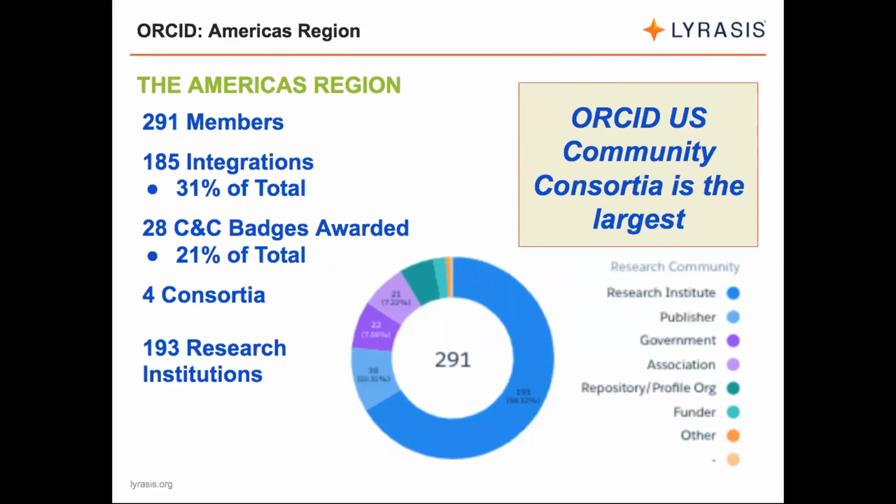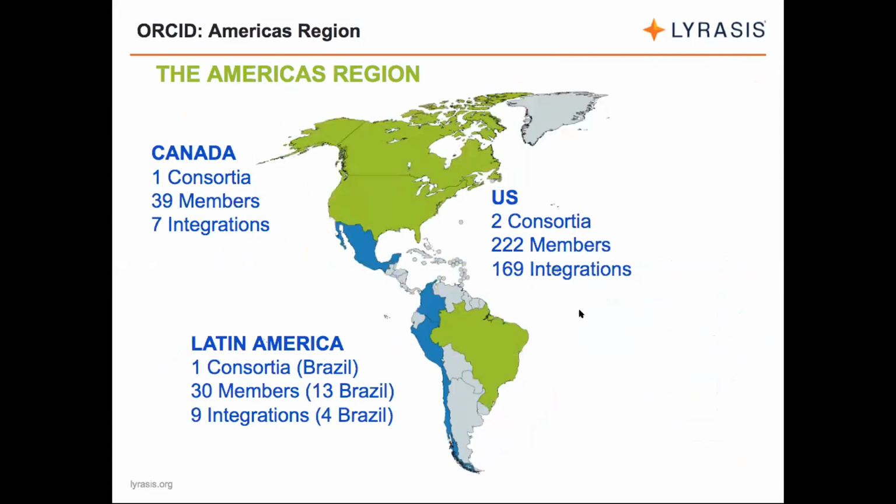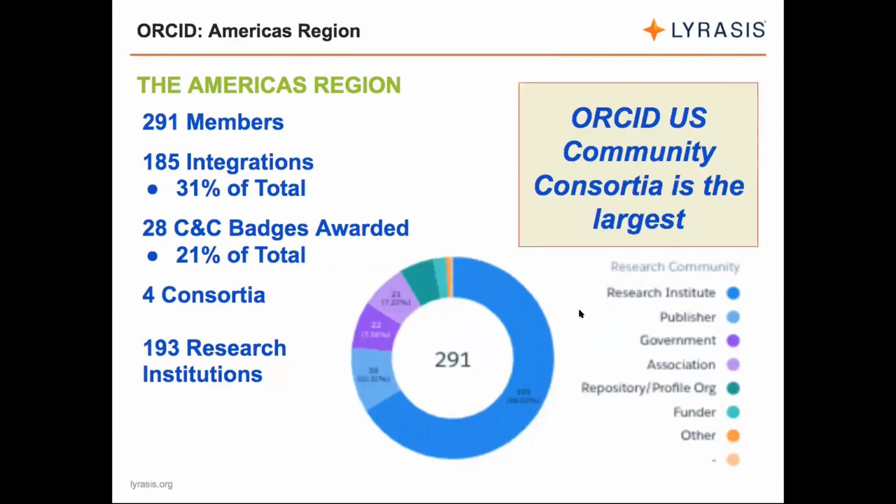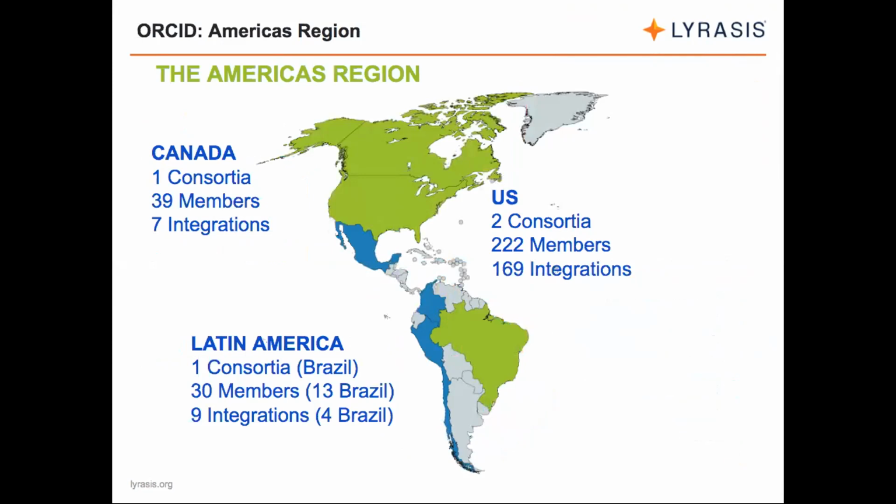And there are 193 research institutions across the Americas region. And you can see from that pie chart that most of those are research institutions, followed by publishers being the second highest number of members in our region. In addition to the US, we've got Canada and Latin America.